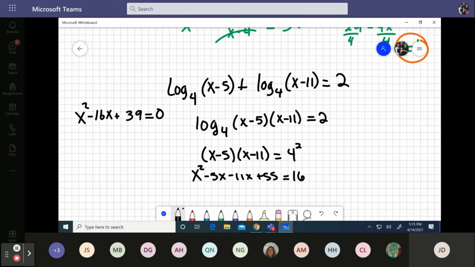What can I multiply to get a positive 39 and add to get a negative 16?